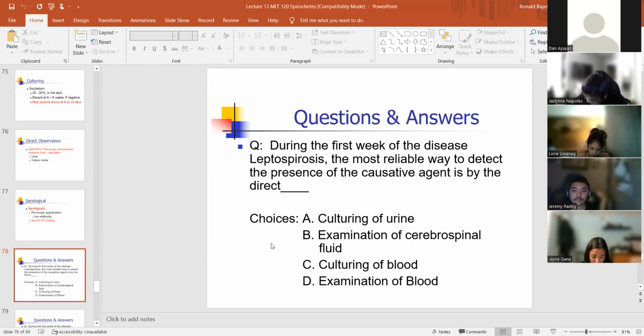All right, questions and answers. During the first week of leptospirosis, the most reliable way to detect the presence of the causative agent is by the direct: A, culturing of urine, B, examination of CSF, C, culturing of blood, or D, examination of blood. What would be the answer?